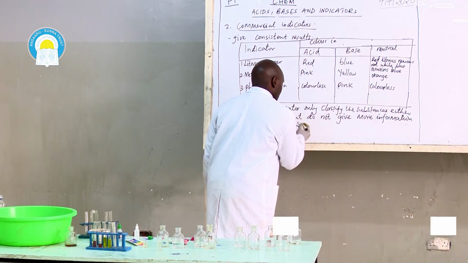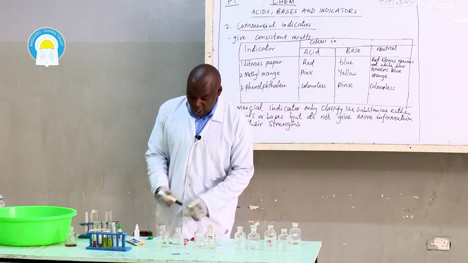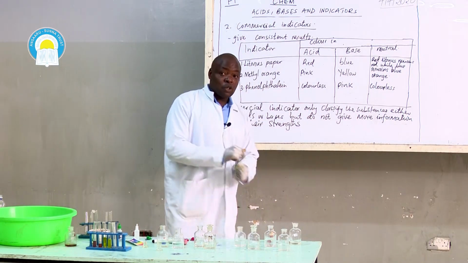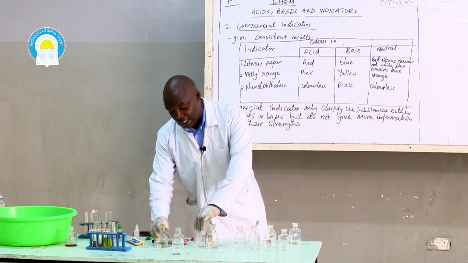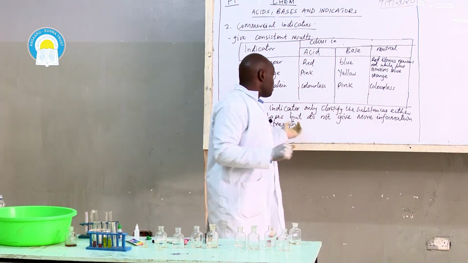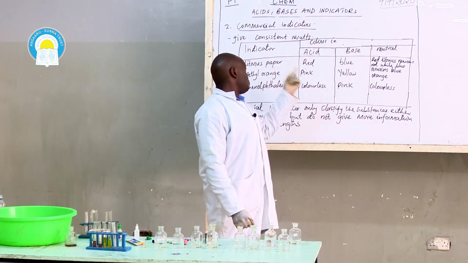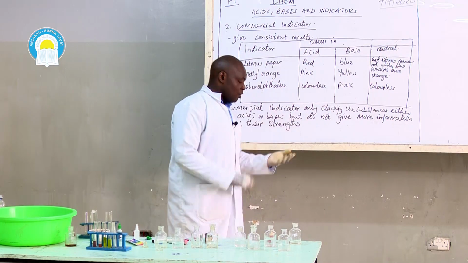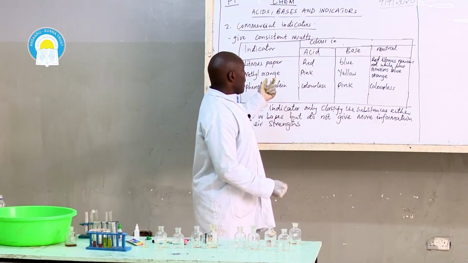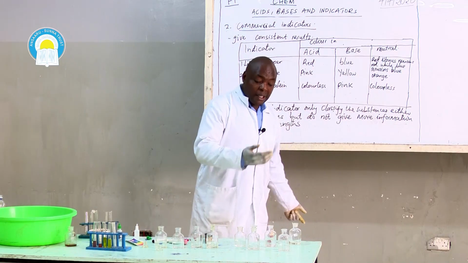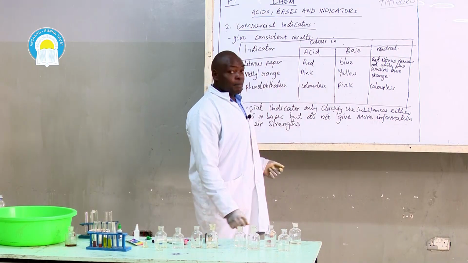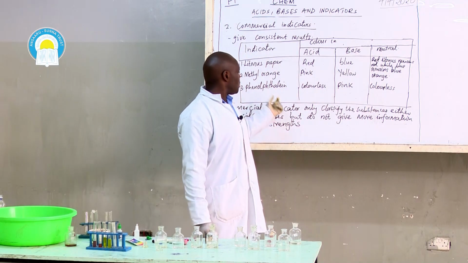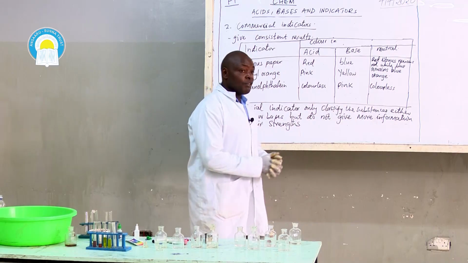As we have said, a strong acid and a weak acid, like propanoic acid and hydrochloric acid, will show the same color in litmus paper, the same color in methyl orange, and the same color in phenolphthalein indicator. Sodium hydroxide, sodium carbonate and ammonia solution will also show the same color in litmus paper, methyl orange, and phenolphthalein indicator.